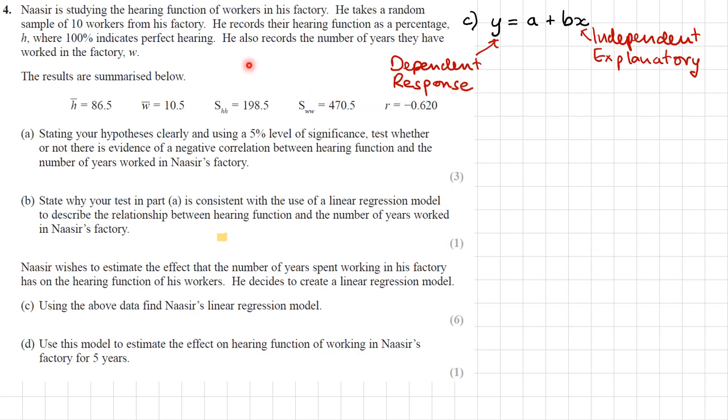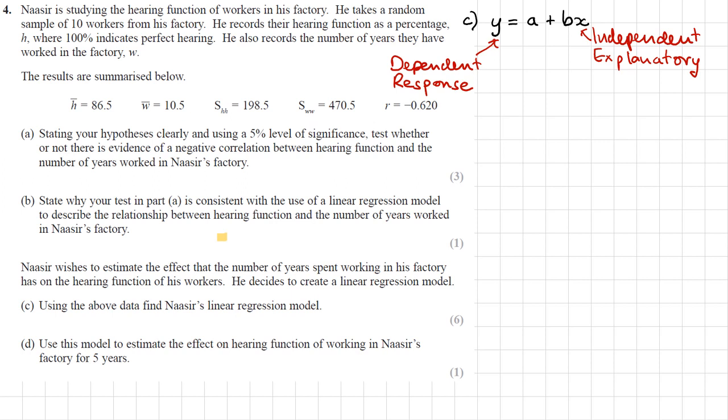Now in this case we're talking about hearing function and the number of years working in the factory. The length of time working in a factory is what's going to affect the hearing, not the other way around. So the independent or explanatory variable is going to be the number of years working in the factory.